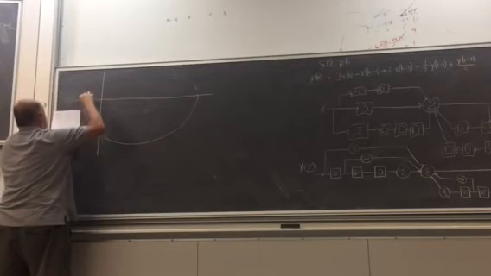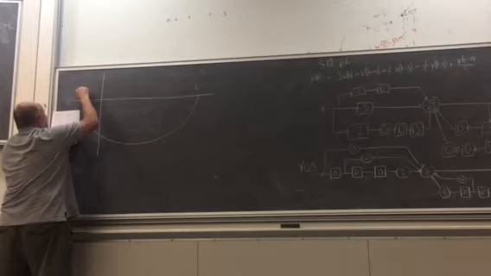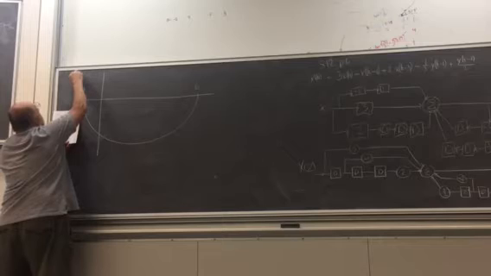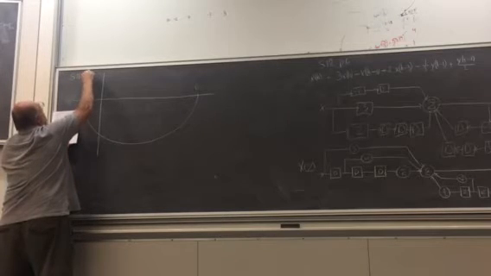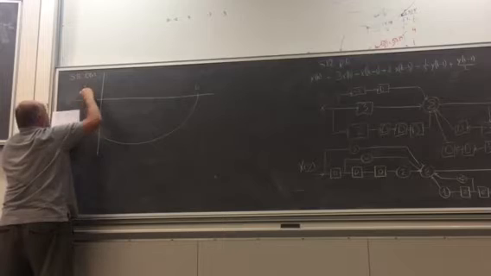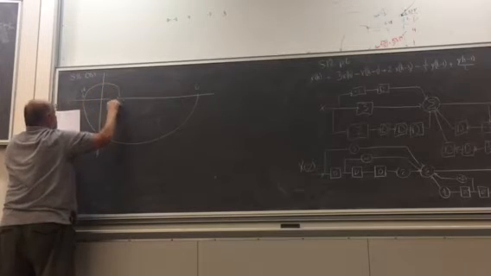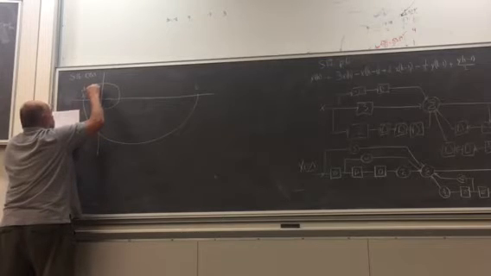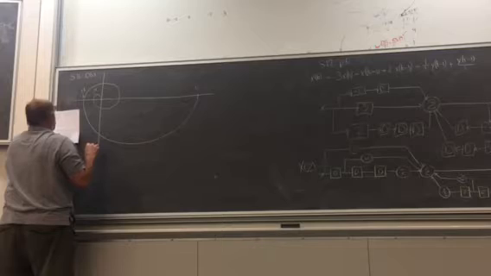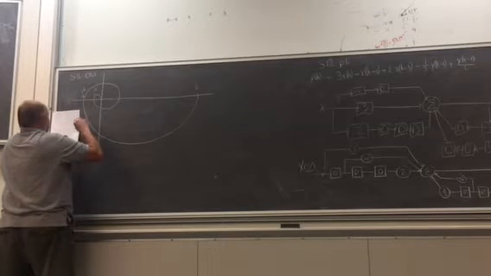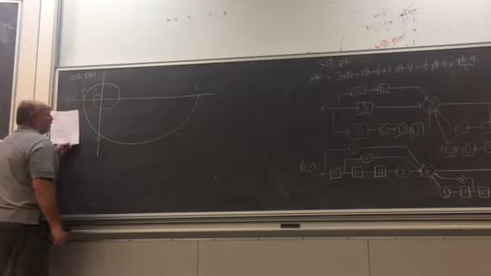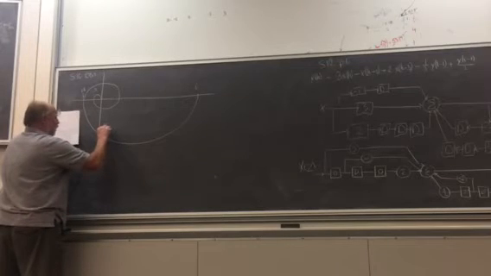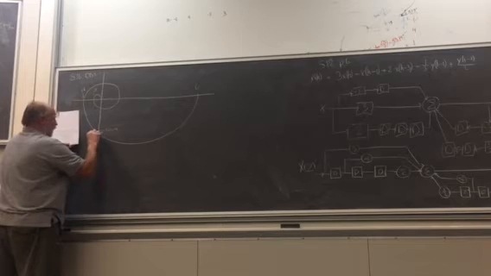Let's see. It's 1.6 crosses there. This is spring 16, closed book 7. And this crosses here at 0.7, so we're not very accurate in the drawing. There's a couple of other things shown here. This crosses here when omega is equal to 4, and it is at negative 4j.